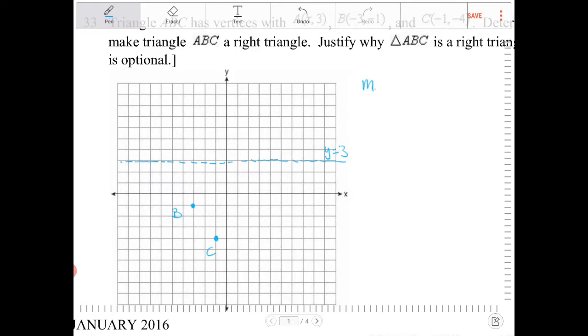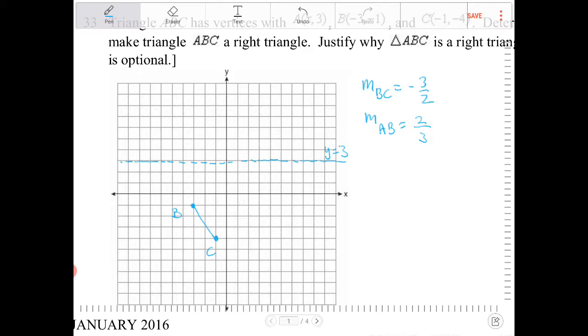Now, looking at this, I noticed that BC has a slope of negative 3/2. So therefore, the slope of AB, in order for this to be a right triangle, must be the negative reciprocal of this. So the slope of AB must be 2/3.